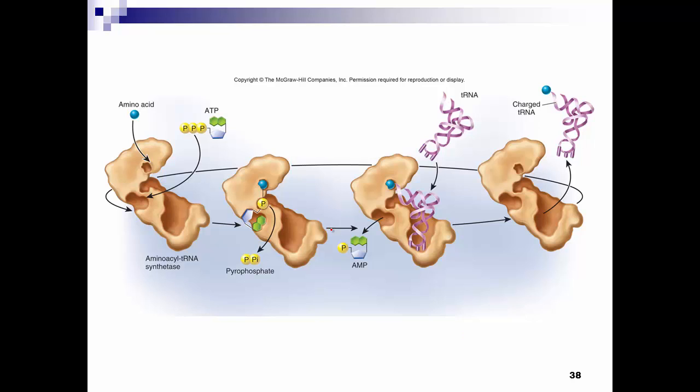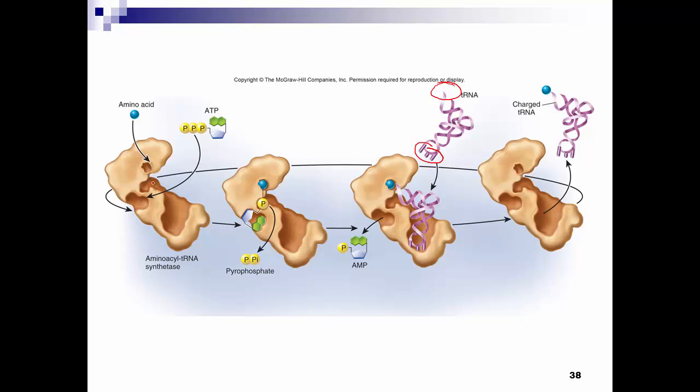No matter how specific the anticodon is for its codon, if the improper amino acid's attached at the 3' end, the protein's going to be miscoded. And we know that miscoded proteins are going to have issues from a structural standpoint. We also know that they're going to have issues from a functional standpoint.